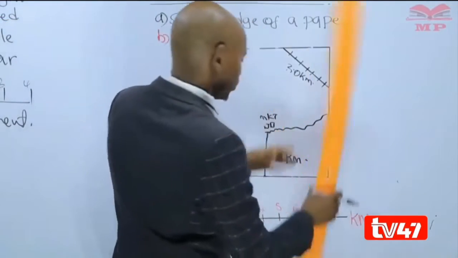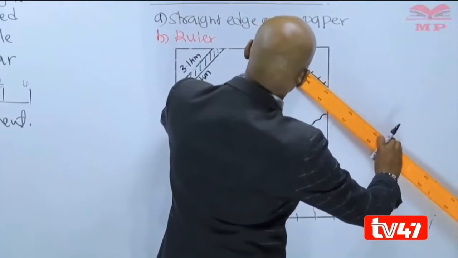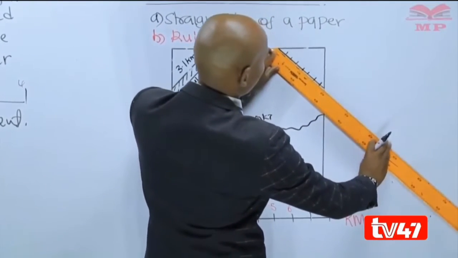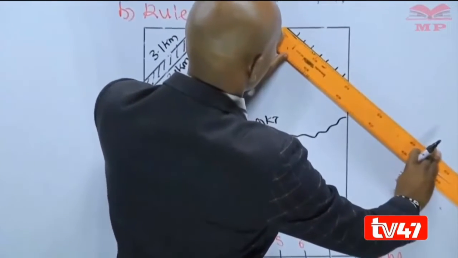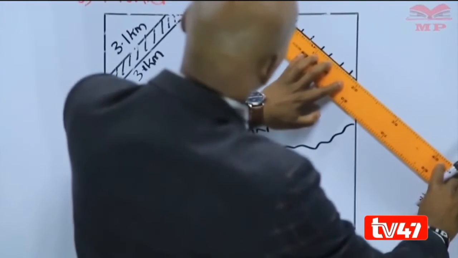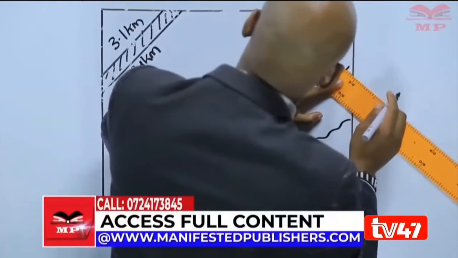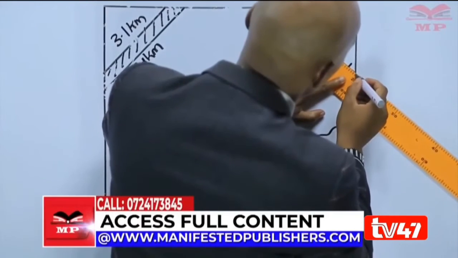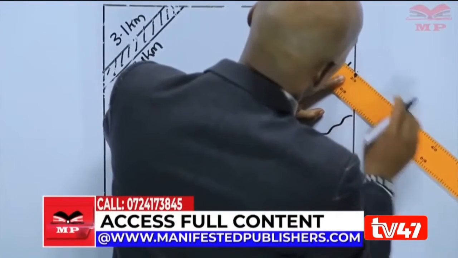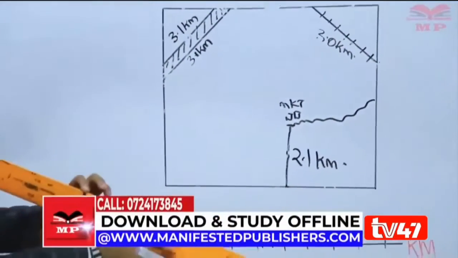Let's measure another one using a ruler. Measure a straight edge, and this time it is a railway line, and this is our edge. Mark that on your ruler.